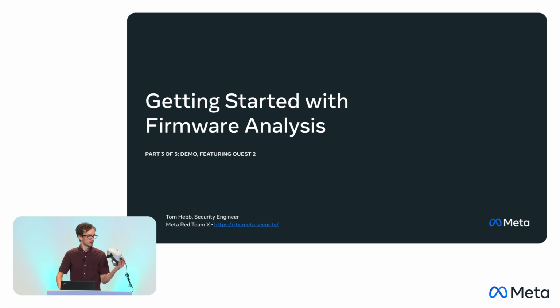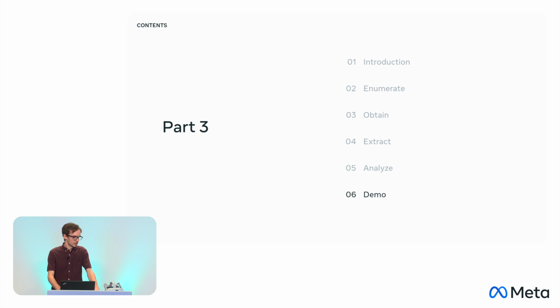So I have a Quest 2 right here, and we're going to be analyzing the firmware for one specific chip in here, which I did mention before, but as a refresher, that is the C-Media 7104 chip. And what that chip does is all of the audio processing on the Quest 2.